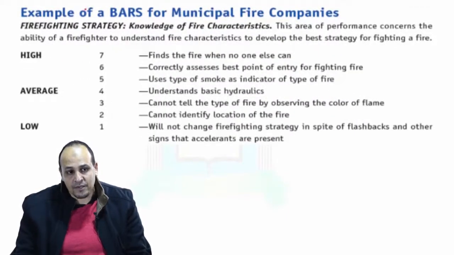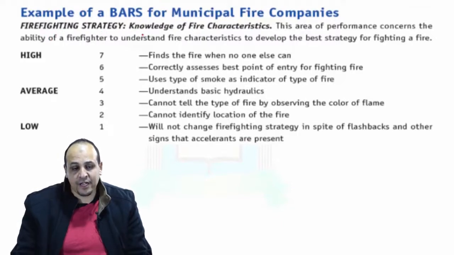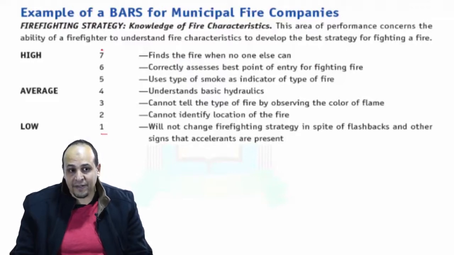Here's an example of BARS. Firefighting strategy here, for example, knowledge of fire characteristics. This area of performance concerns the ability of a firefighter to understand fire characteristics to develop the best strategy for fighting a fire. So we have 1 to 7. Remember, we're talking about behavior.